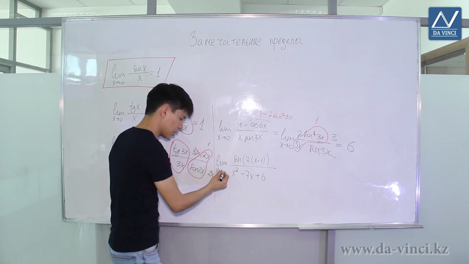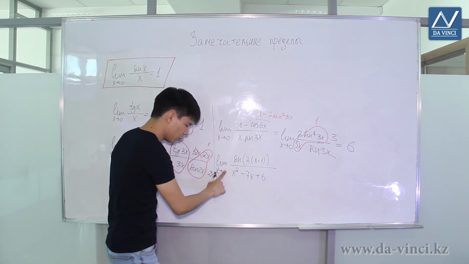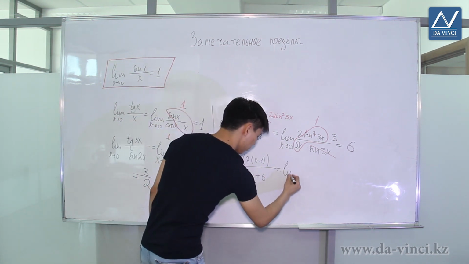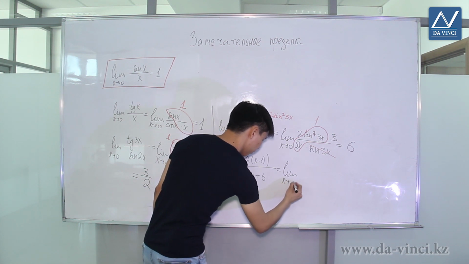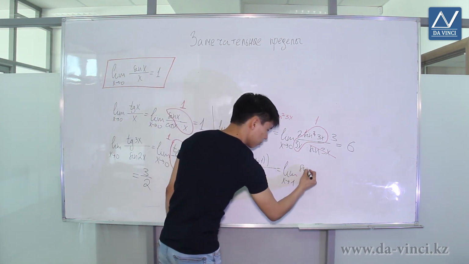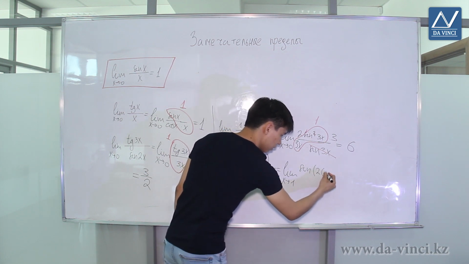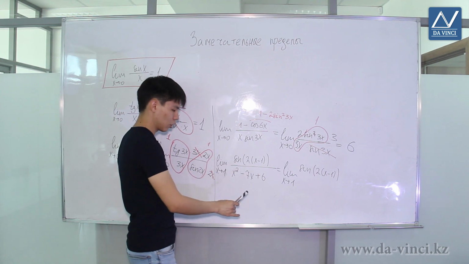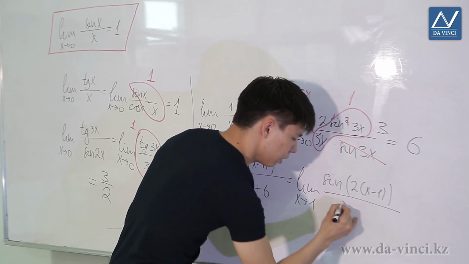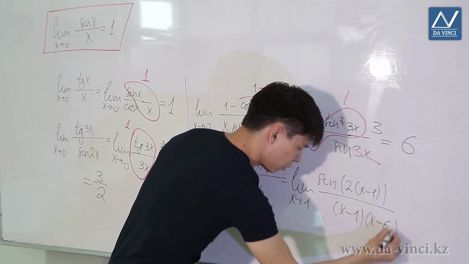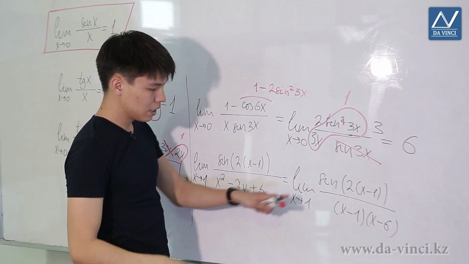And the last example. Here we have x tends to 1. Write it down. In order to solve this example, we will leave the numerator unchanged, sine of 2x minus 1, and factorize the denominator. That would be x minus 1, x minus 6. Now let's take a look here.